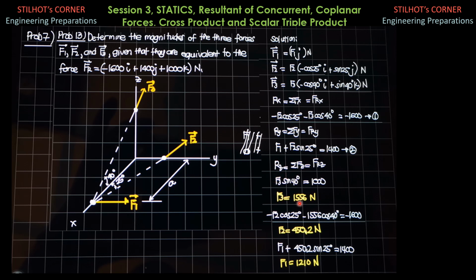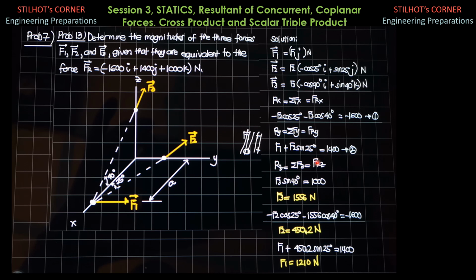From there, we can solve F3: 1,556 newtons. Having known F3, we can now compute in equation 1 the value of F2. So negative F2 cosine 25 degrees minus F3, which is 1,556, times cosine of 40 degrees equals negative 1,600. Solving for F2, F2 is 450.2 newtons.